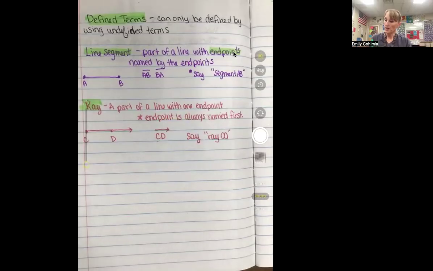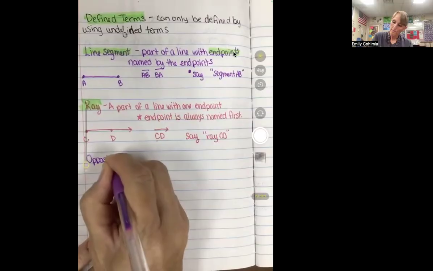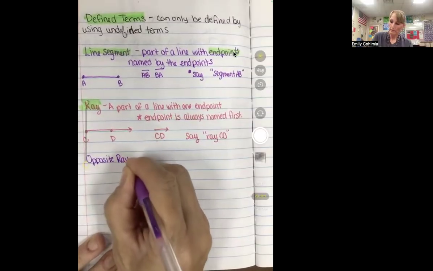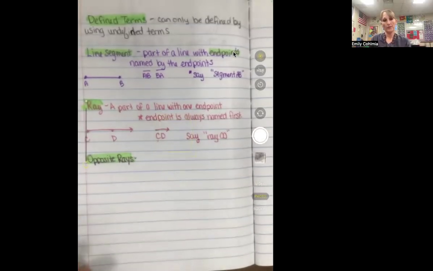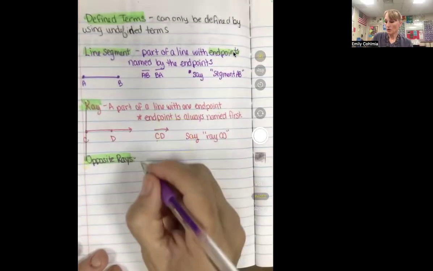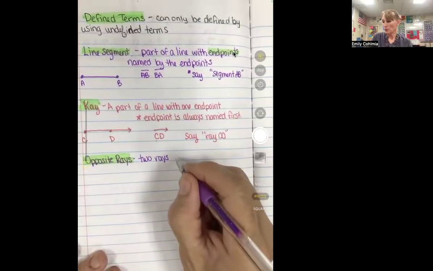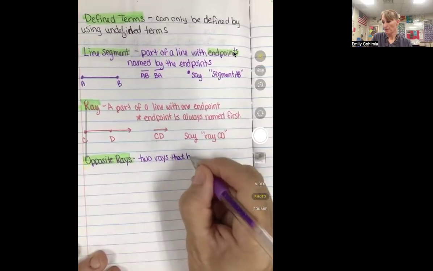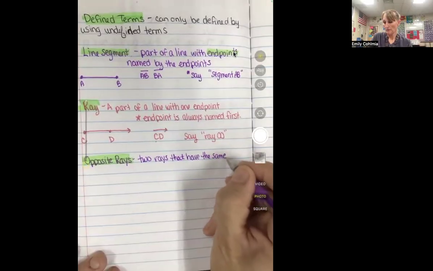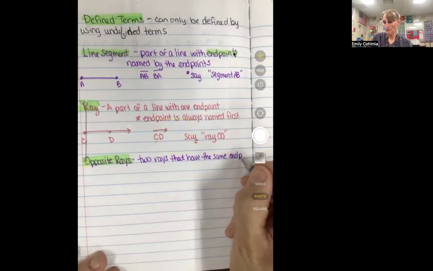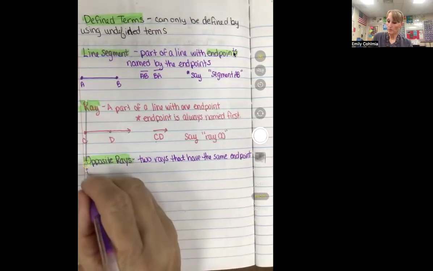Okay, next one is opposite rays. And again, another vocabulary term. Opposite rays are two rays that have the same endpoint but go in opposite directions.